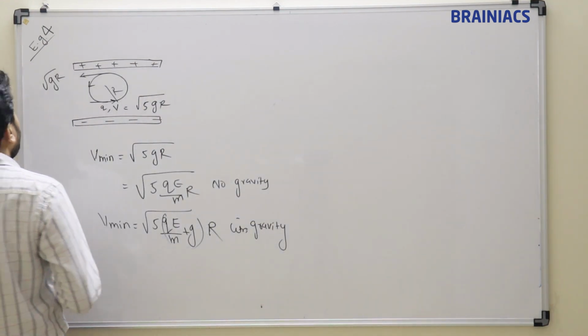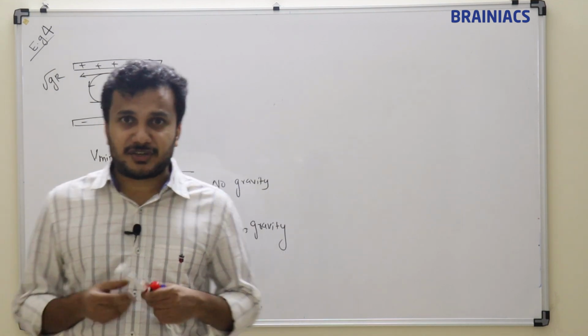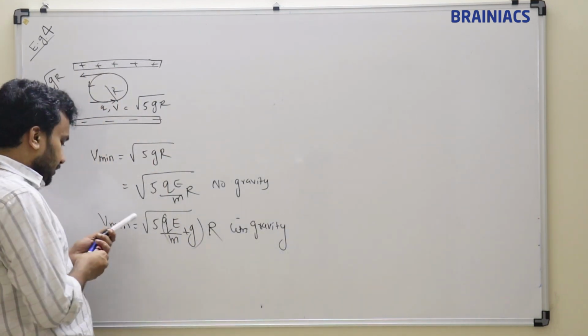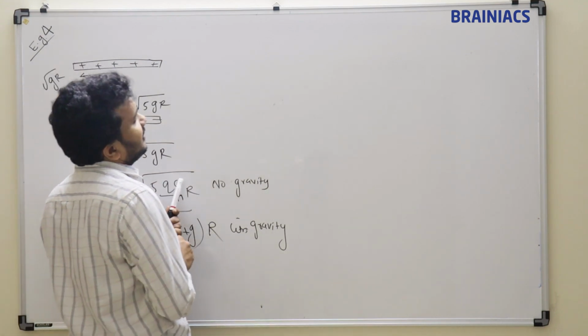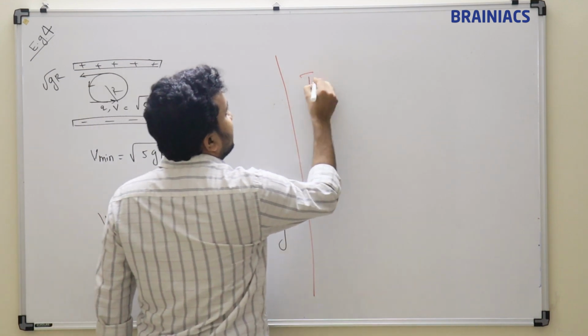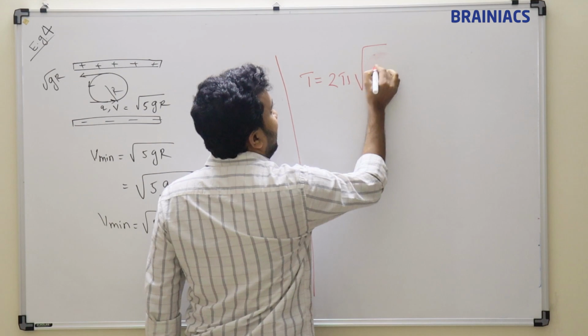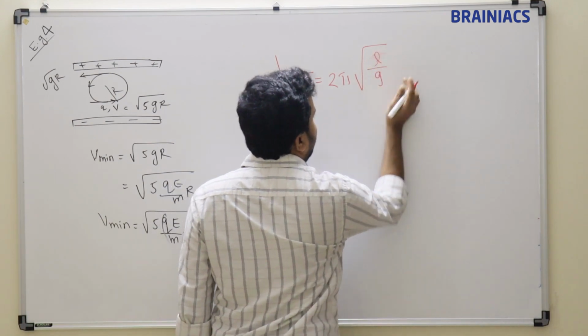Next, similarly, we have learned some concepts in oscillations also in first year. I'm not going into examples, but I'm telling you the concepts. I hope you remember this formula also: T is equal to 2 pi into root of L by g, where L is the pendulum length.